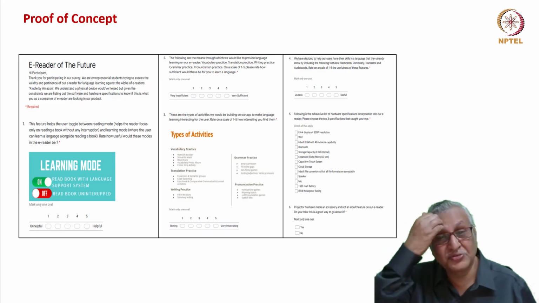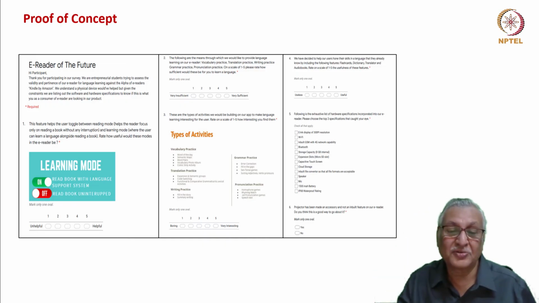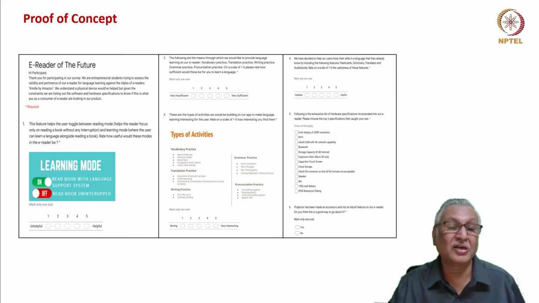There are questions which are asked, there are types of activities which are proposed, and people can choose their interests and personalize the device to their requirements. There will be recommendations based on the individual's learning and reading capability, the levels that the individual could choose, and the kind of support that the reader will provide.